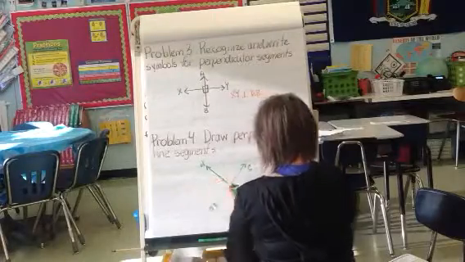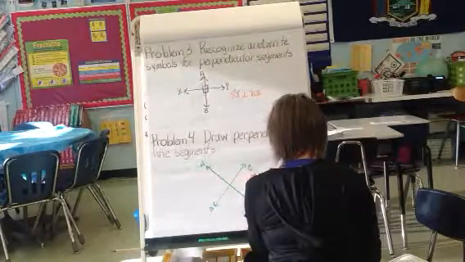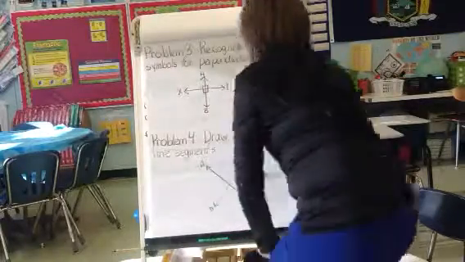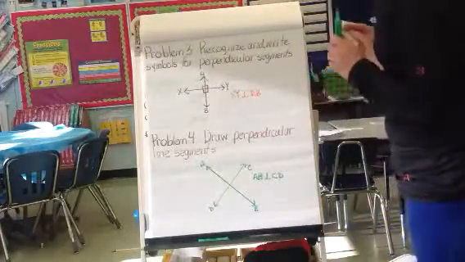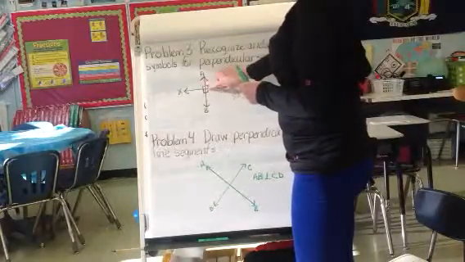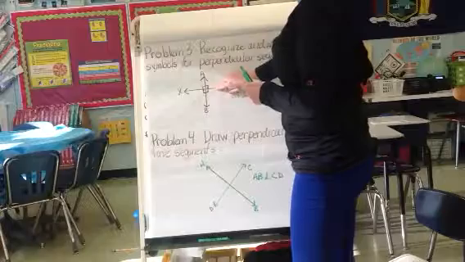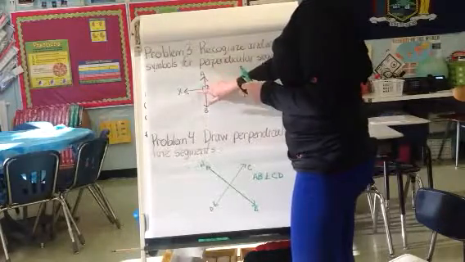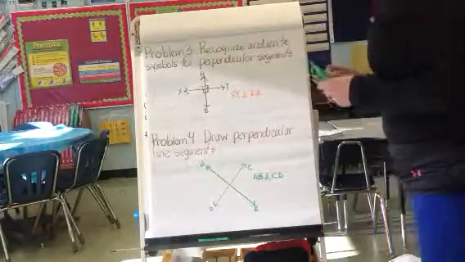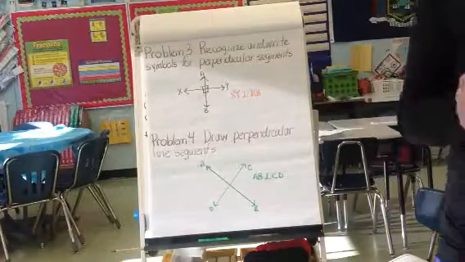And that means that AB is perpendicular to CD. So, boys and girls, when you have a right angle formed by 2 rays, or 2 lines in this case, they are perpendicular. It means that they cross, forming a right angle.